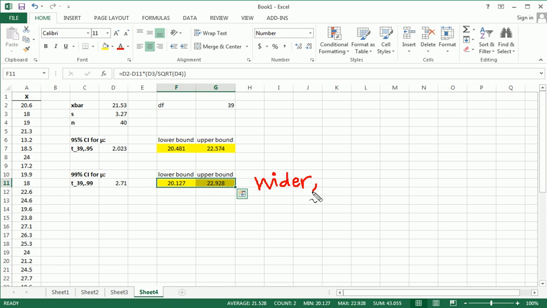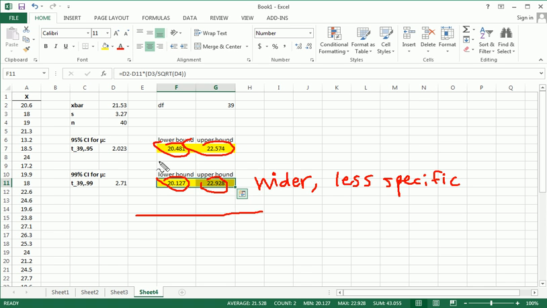And actually, a more technical word is less specific. Okay? Because it's wider, it's more vague. Notice this number is lower than this number, and this number is larger than this number. This interval is wider than this interval.